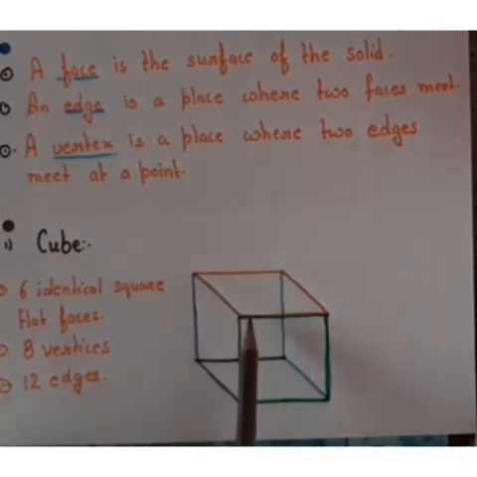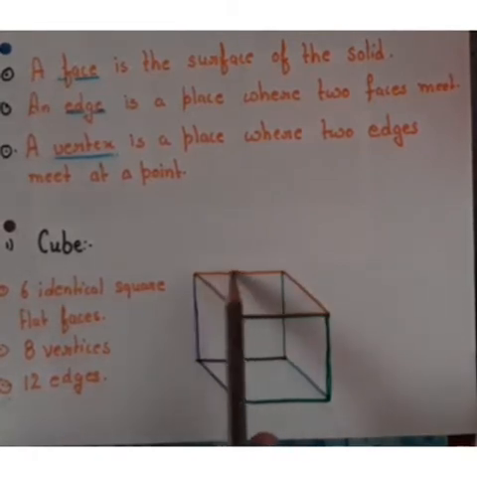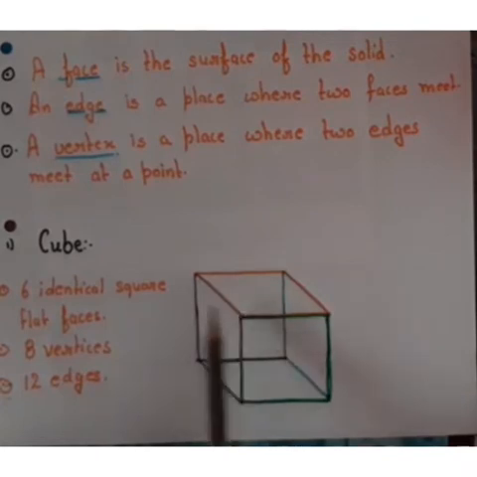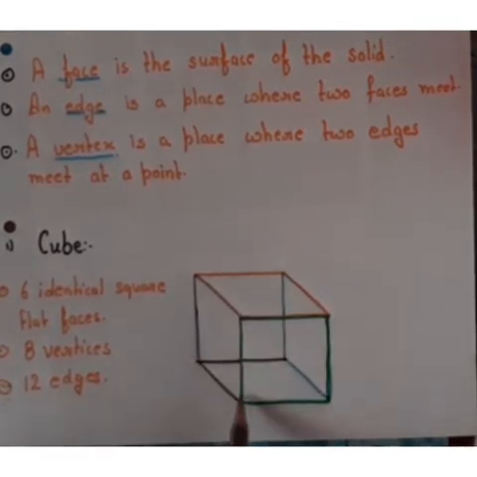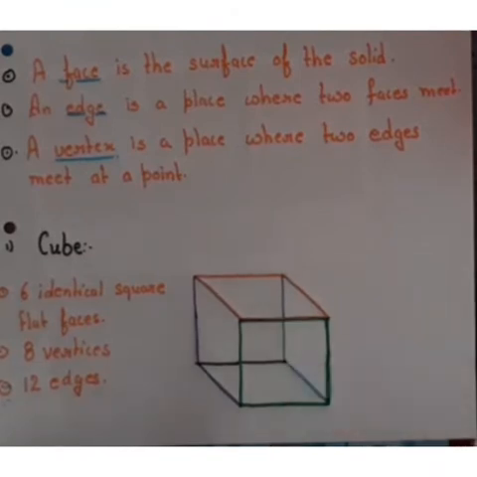And how many edges? 1, 2, 3, 4, 5, 6, 7, 8, 9, 10, 11, and this one 12. So a cube has 6 faces, 8 vertices and 12 edges.